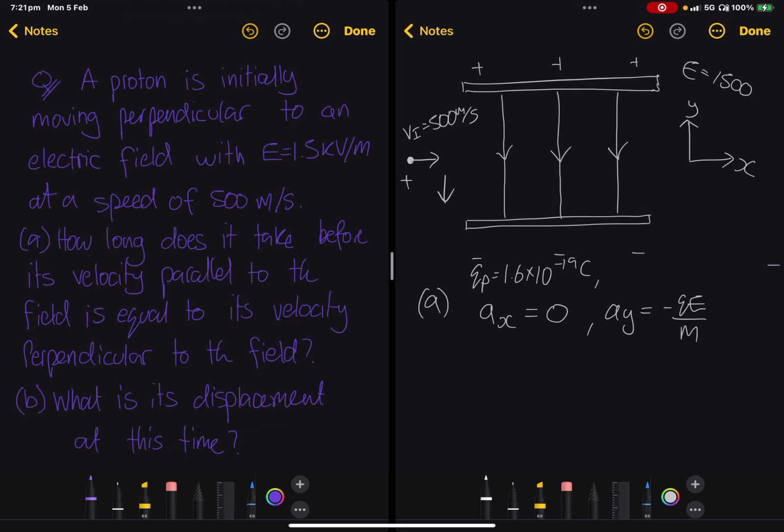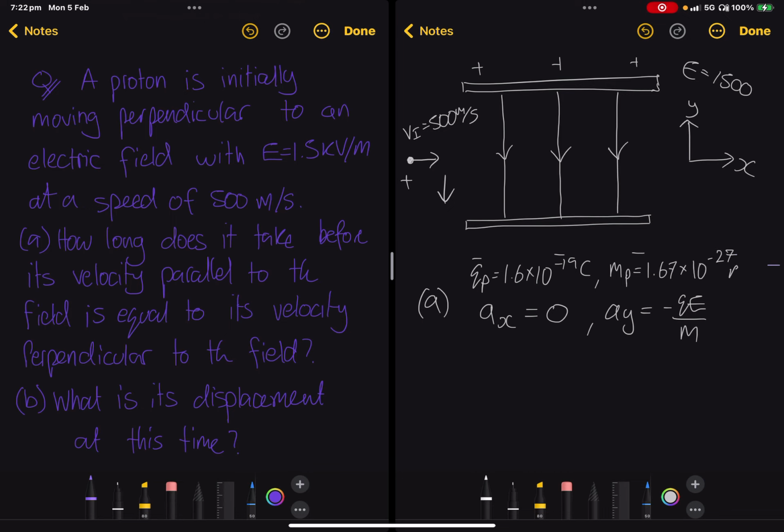We also actually need the mass of a proton in this case. So we'll quickly get this number. The mass of a proton is about 1.67 times 10 to the minus 27 kilograms.